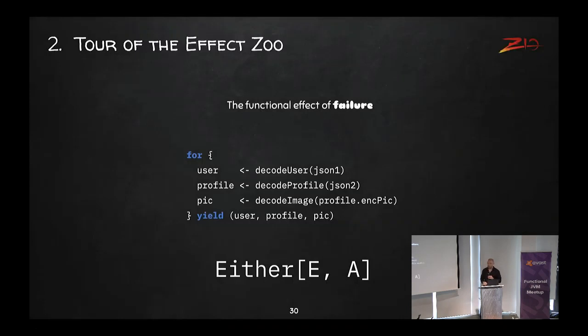And because it supports map and flatMap, we can use it in for comprehensions, in which case we're flatMapping over the success case. So if one of these methods like decodeProfile returns Left, that short-circuits the entire computation. We achieve the short-circuiting behavior of exception handling without actually having exceptions in our code.